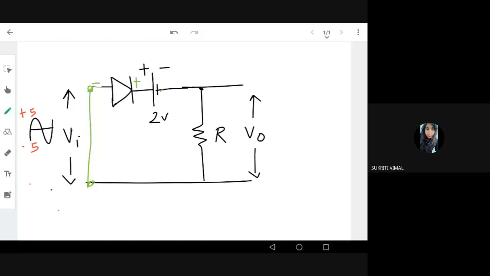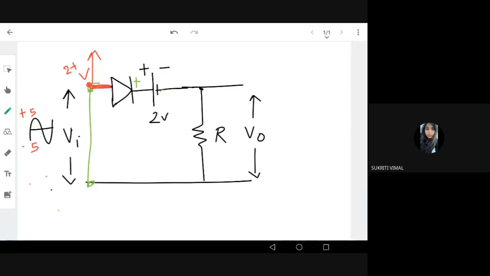That means unless a positive voltage greater than 2 volt is given across the anode, the diode will remain off.